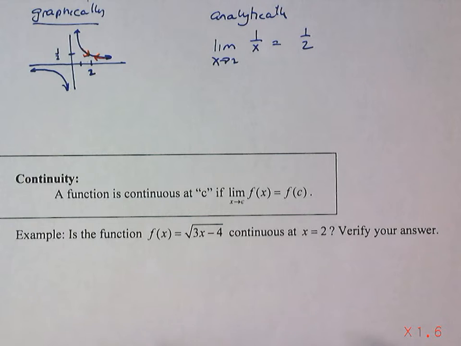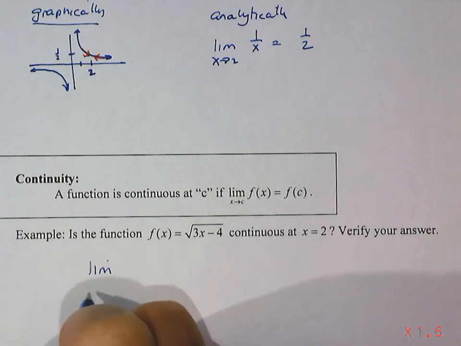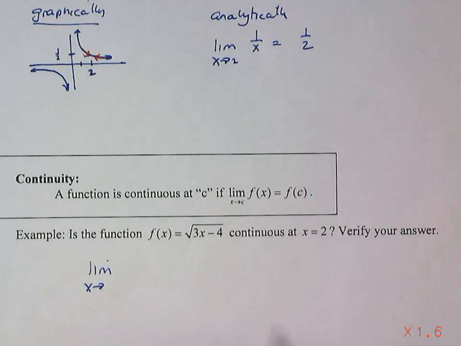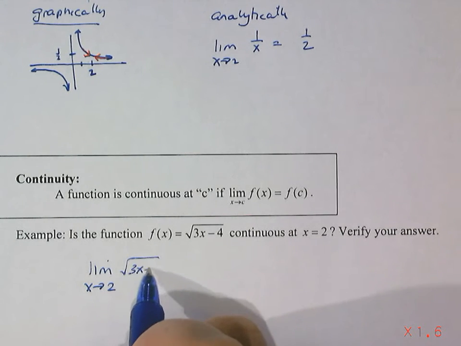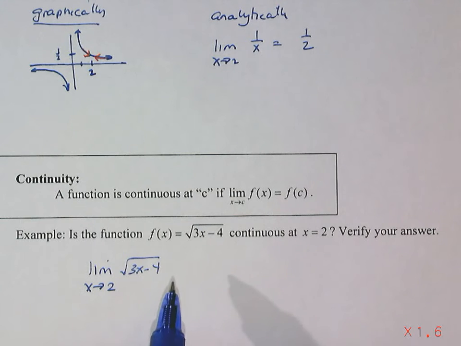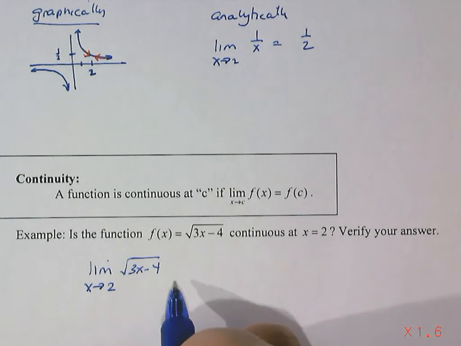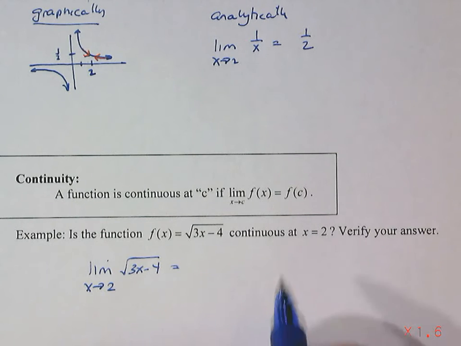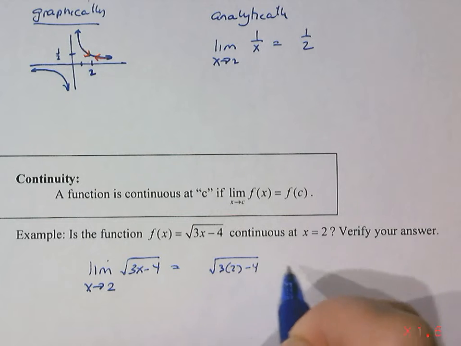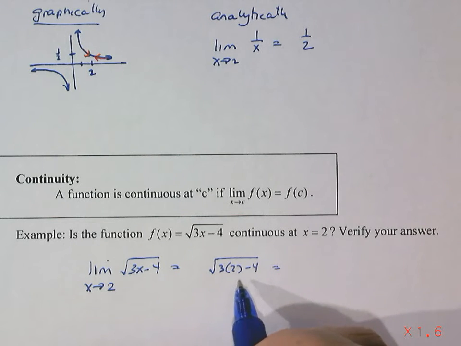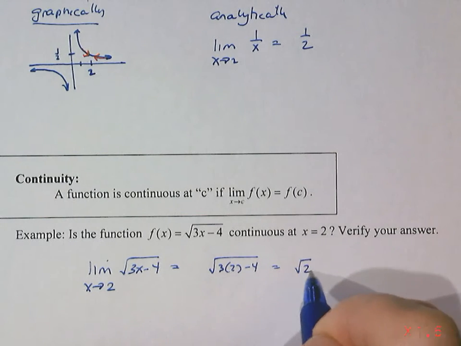So I'm going to do the limit as x approaches 2 of the square root of 3x minus 4. I can do this numerically, graphically, or analytically. I'm just going to do this analytically. So I'm going to have the square root of 3 multiplied by 2 minus 4. Square root of 6 minus 4 is the square root of 2.